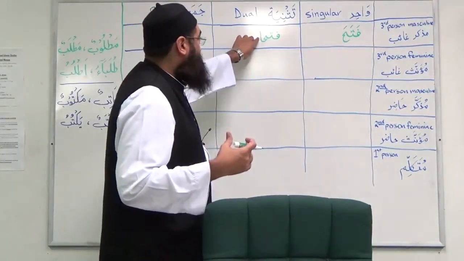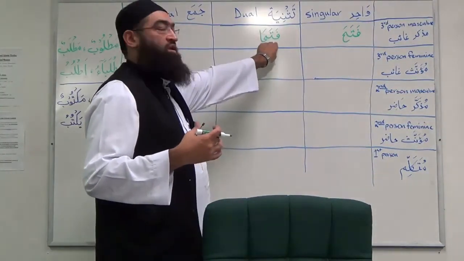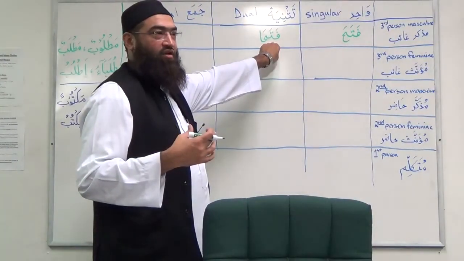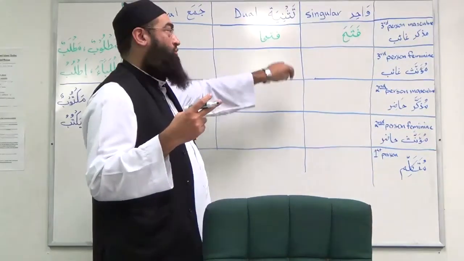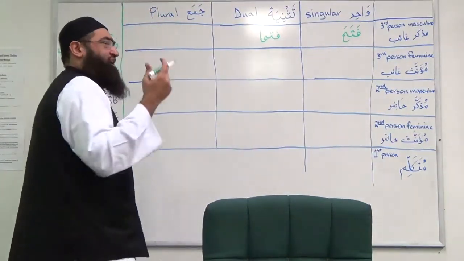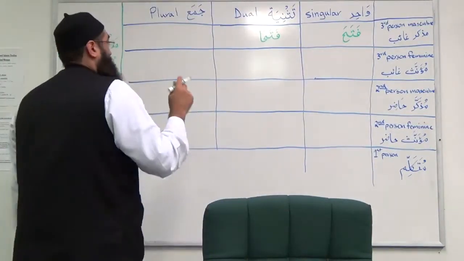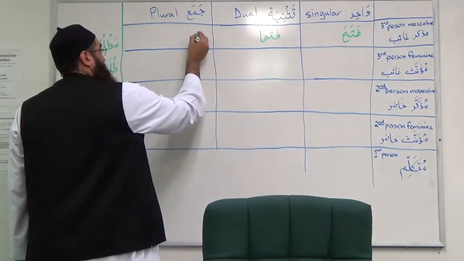All right, so we add this alif to make it dual. So this means those two men opened the door, right? Okay, those two men opened. All right, let's just say the door from now. So fatahal bab. Those two men opened the door. All right, so what are we going to add for this one?